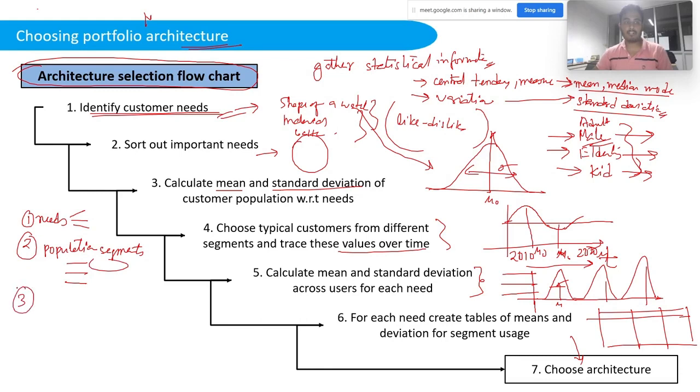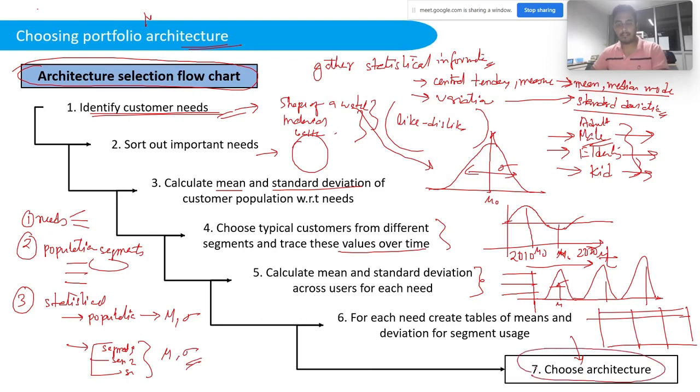Then we gather statistical information, one on the population and one on the individual segments: segment 1, segment 2, segment 3. For the population we gather mu and sigma. Similarly for all three segments we gather mu and sigma individually. We use this information to choose a particular architecture. So let me explain how.